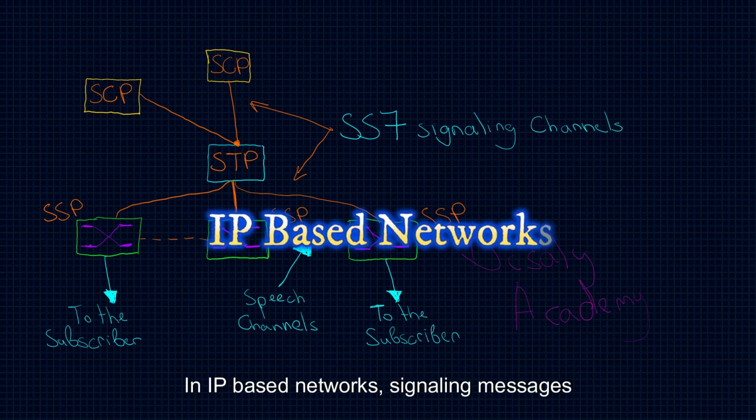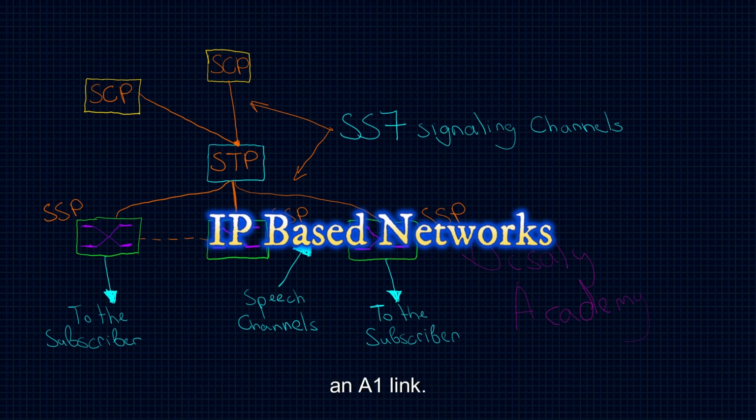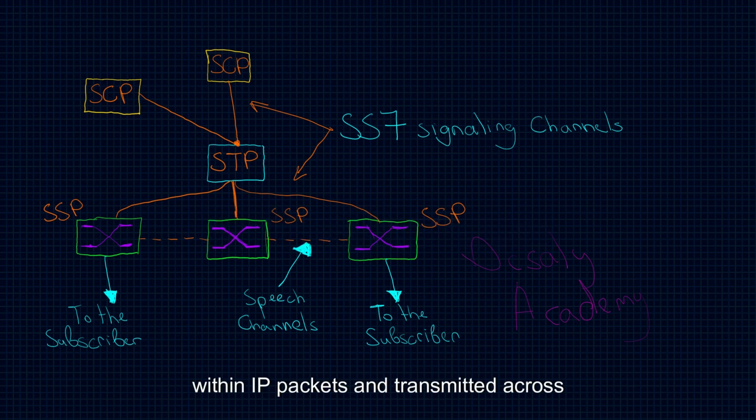In IP-based networks, signaling messages are no longer confined to dedicated time slots on an A1 link. Instead, they are encapsulated within IP packets and transmitted across the network. The adaptation allows SS7 to function in modern communication infrastructures, bridging the gap between traditional telecommunication networks and newer IP-based systems.